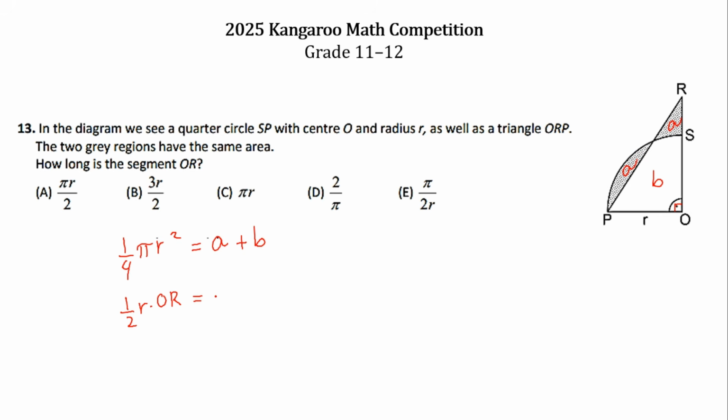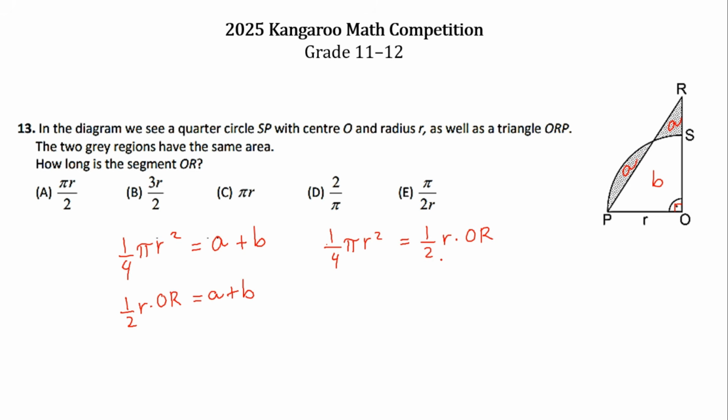This is also equal to A plus B. Okay. Since the two areas are equal to A plus B, they must be equal to one another. So we have the equation 1/4 pi r squared equals 1/2 R times OR.